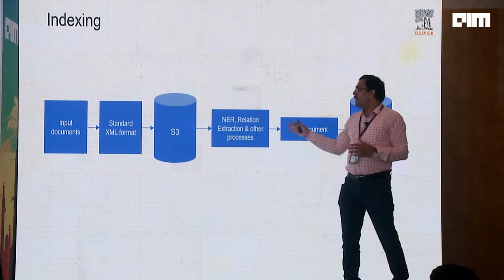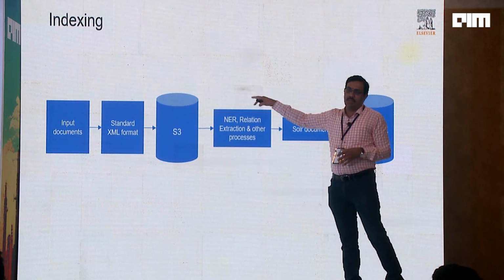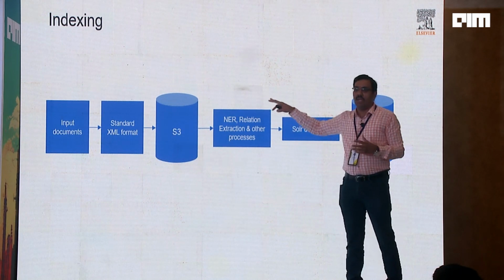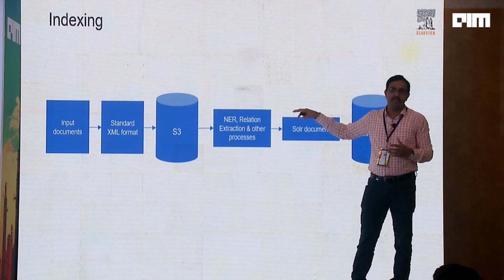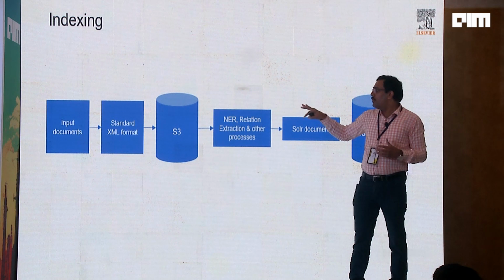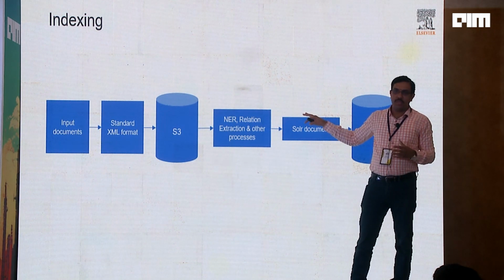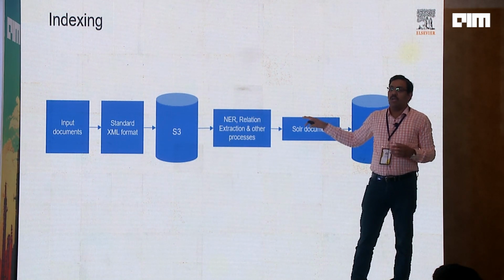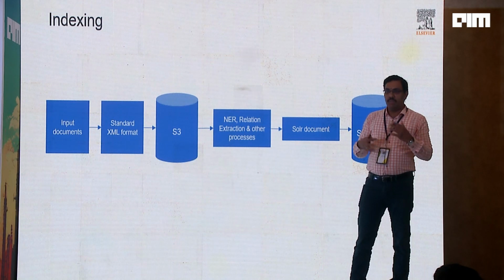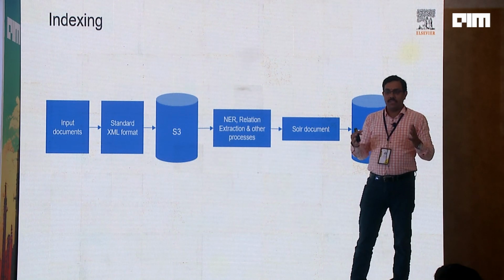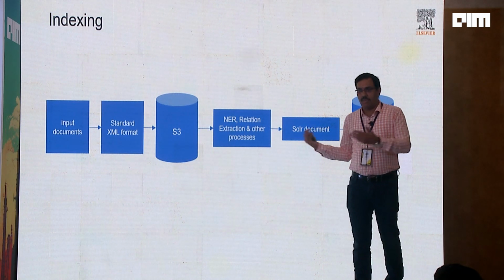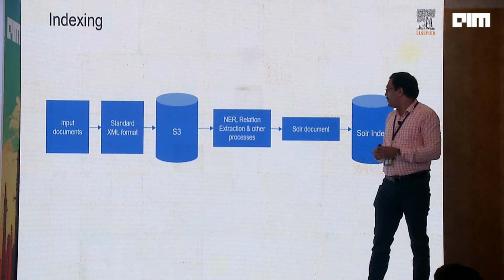There are various algorithms, and depending upon the document, we have different processes for standardizing them. We standardize them and put all of those documents into a common repository like an S3 bucket, which would be crawled on a daily basis and indexed to build the searches.